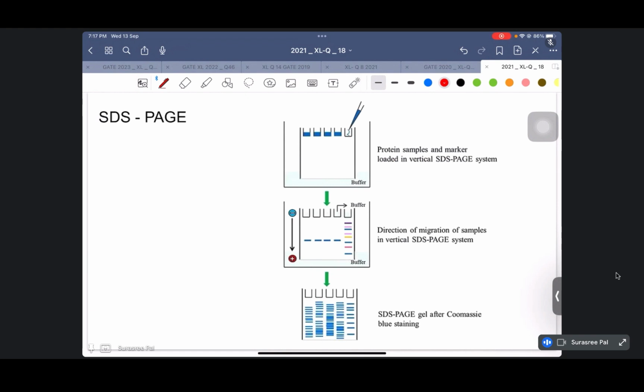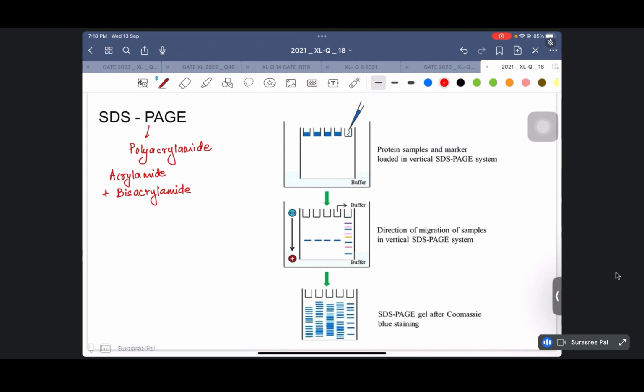Okay, so this is the SDS-PAGE system, which is sodium dodecyl sulfate and polyacrylamide gel electrophoresis. Polyacrylamide is a polymer which makes a matrix, or a gel, when we mix acrylamide and bisacrylamide together in a particular ratio.